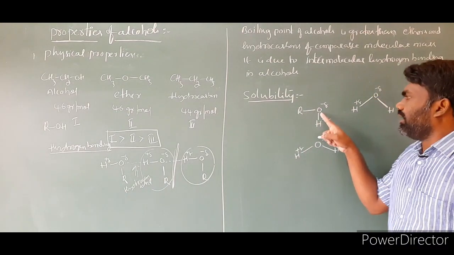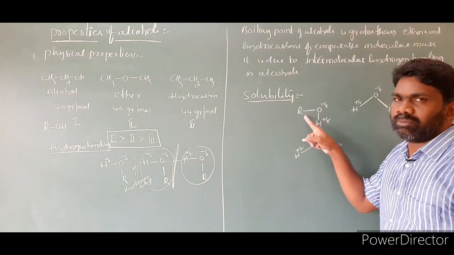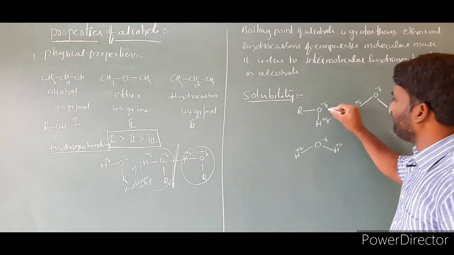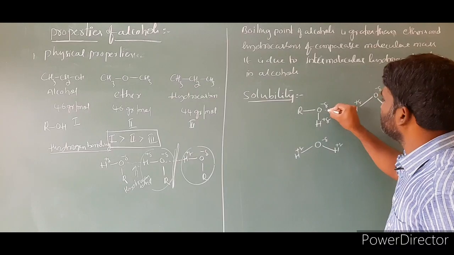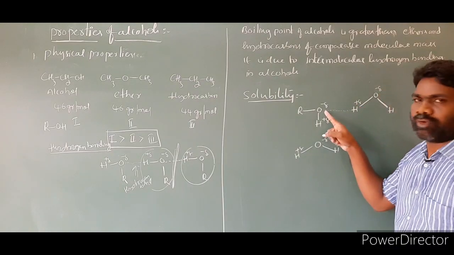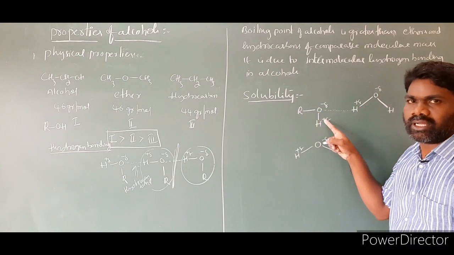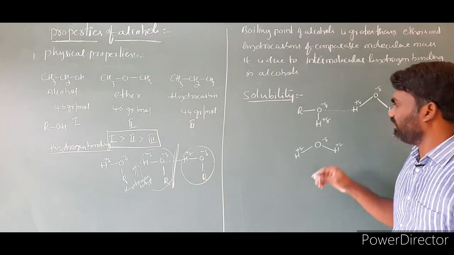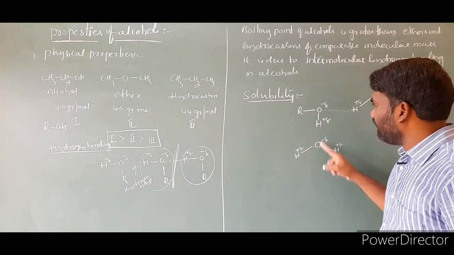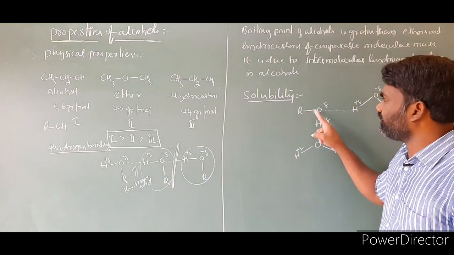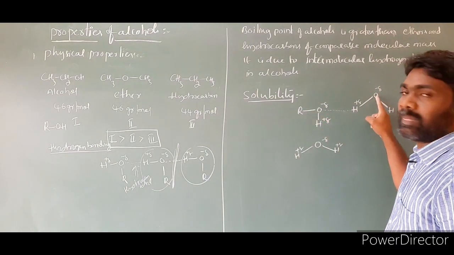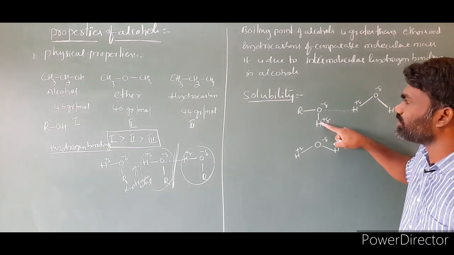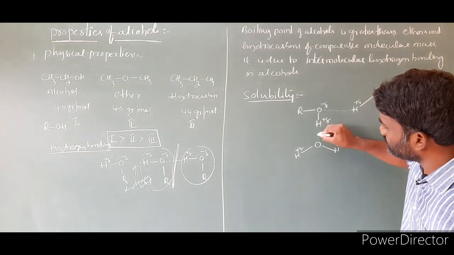Now look here. The oxygen atom of the alcohol molecule forms a hydrogen bond with the hydrogen of the water molecule like this. Here is another possibility: the oxygen of the water molecule and the hydrogen of the alcohol molecule form a hydrogen bond between them.